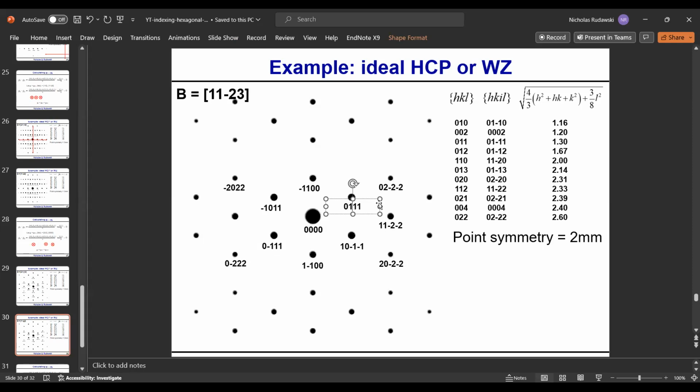So I have 0, 1, 1 bar, 1 bar. All right, let me make sure I did that correctly. We added those together. Yes. Does the vector math work out here? We have -1, -3, +3. Yep, so that works. Yeah, and we can go ahead and do the rest of these, but hopefully you get the point here. Obviously, a little more complicated because you have to add 4 versus 3 indices. But that's what we got to do with the hexagonal.